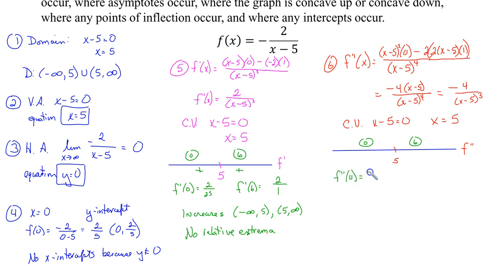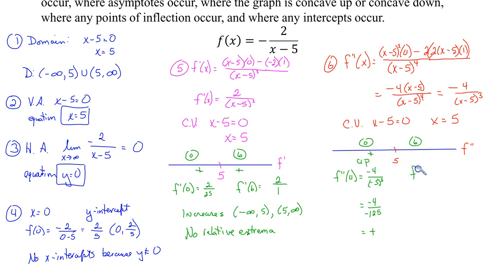So the second derivative at 0 is negative 4 over negative 5 to the 3rd power. Well, I don't really care what the number is except that it is going to be a negative. I believe it's 125. This is going to give me a positive value. And so this tells me that it is concave up on this interval.